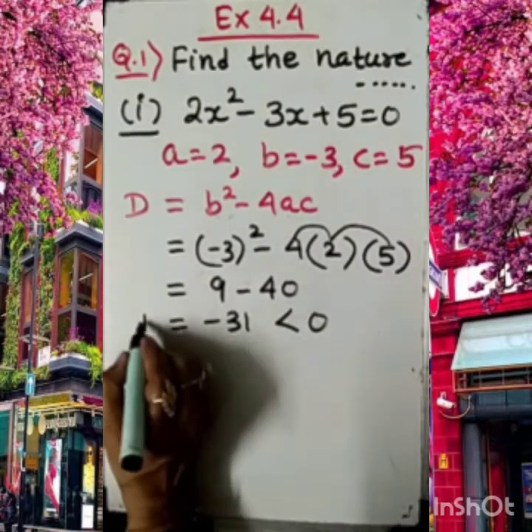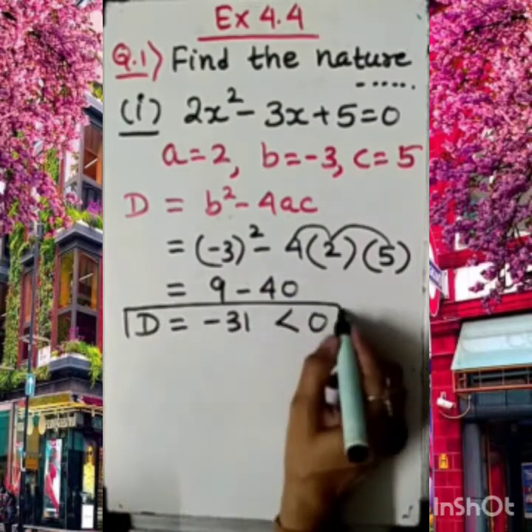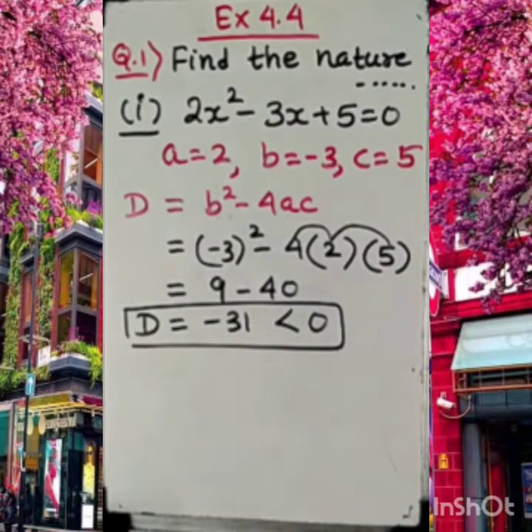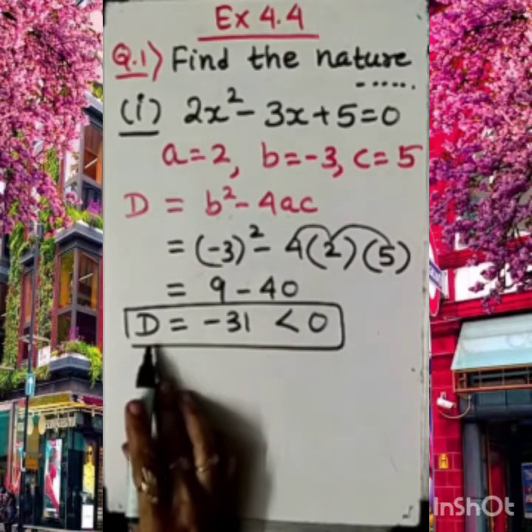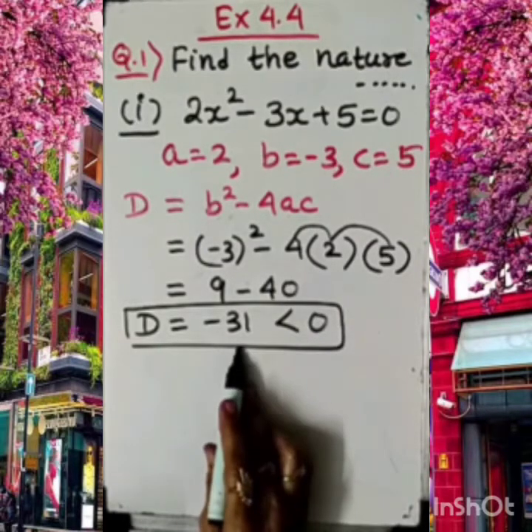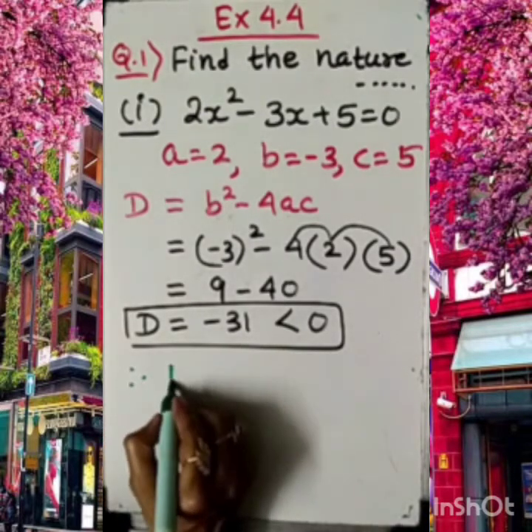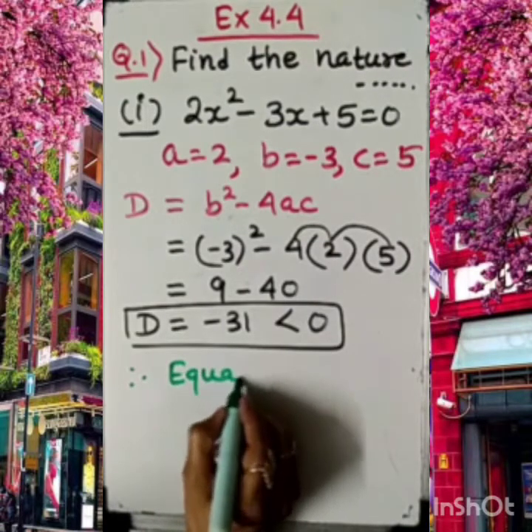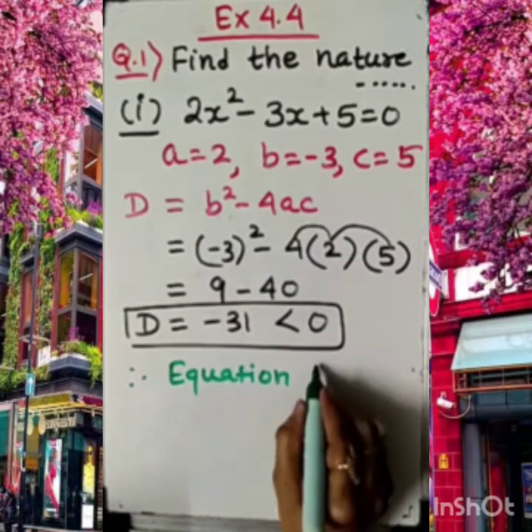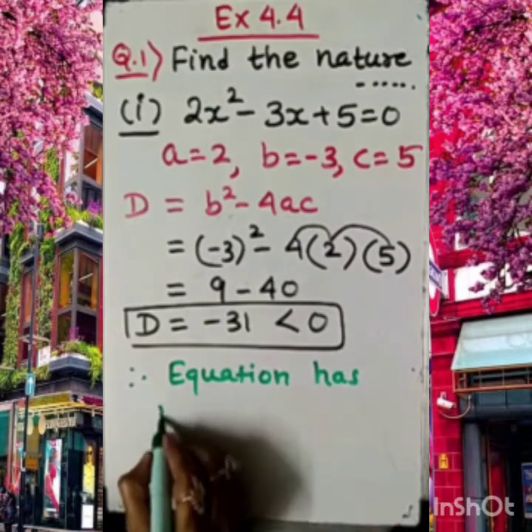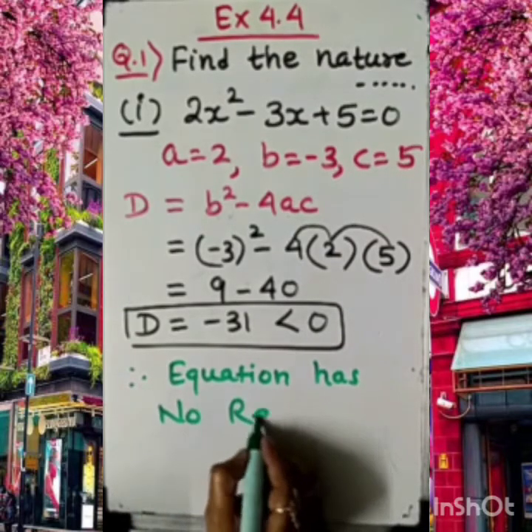Dear student, you know very well whenever the value of the discriminant is negative, in such a case we can say the equation has no real roots. Therefore, we need to mention here the equation has no real roots.